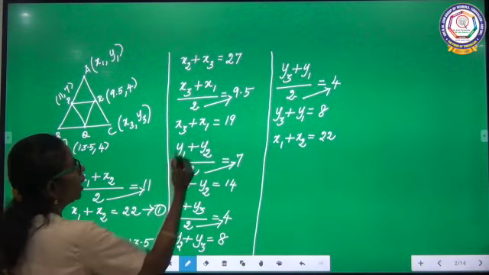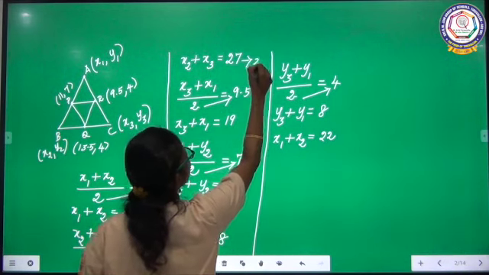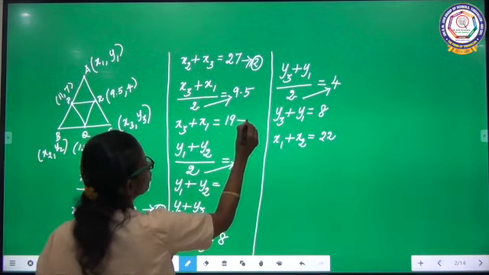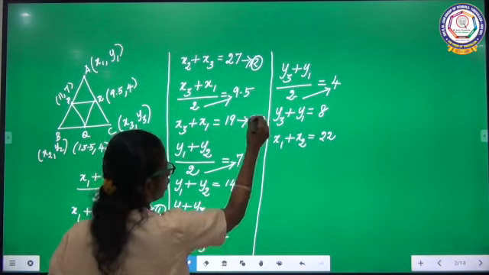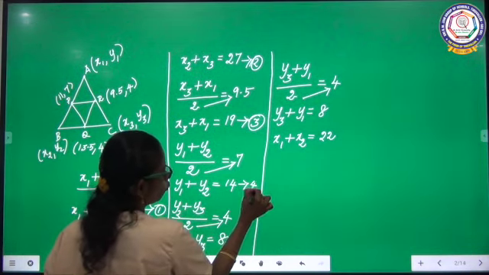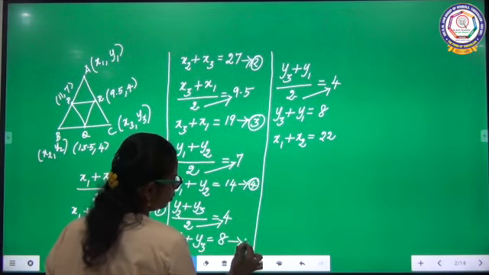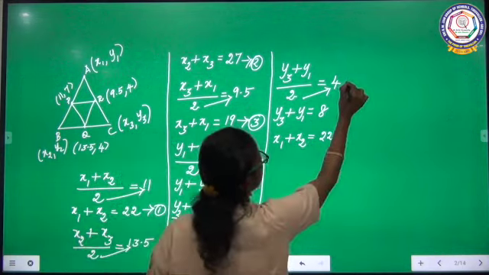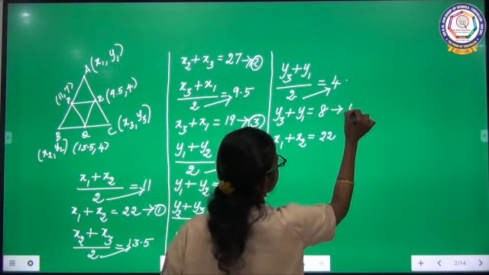Equation number 1, equation number 2, this is 3, 4, 5, 6. Okay.